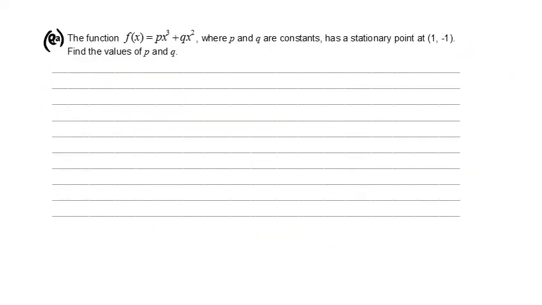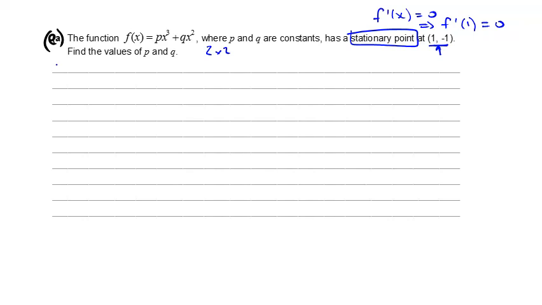Now, this is quite a hard question. Find two unknowns. It's like a simultaneous equation, so we're going to need two equations with these two unknowns. Here's information that will be 1, and stationary point implies f dash x equals 0. So this will imply that f dash 1 equals 0.